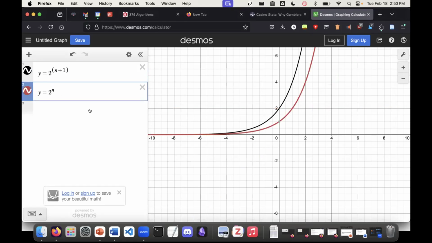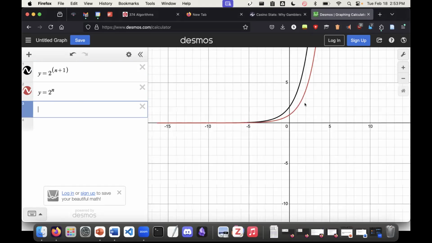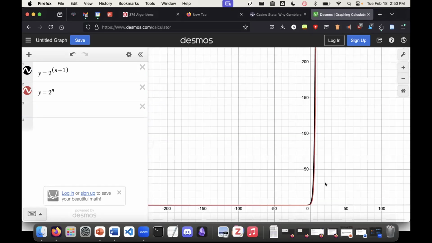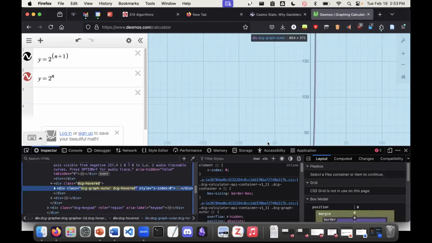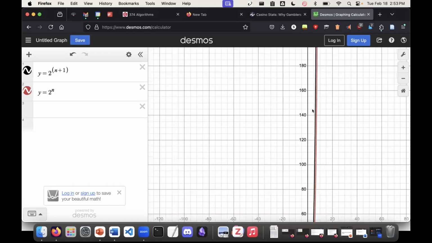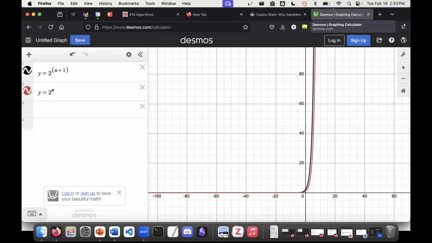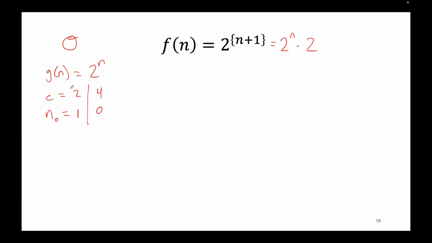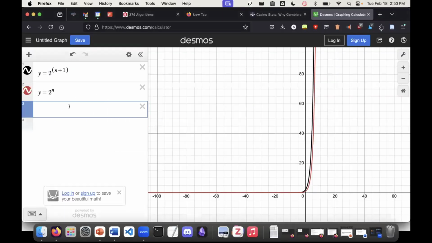We just graphed 2 to the n. I think it's fairly clear that our 2 to the n is always going to be smaller, right? So 2 to the n is a candidate for the lower bound. And then someone said C is 2 or C is 4.